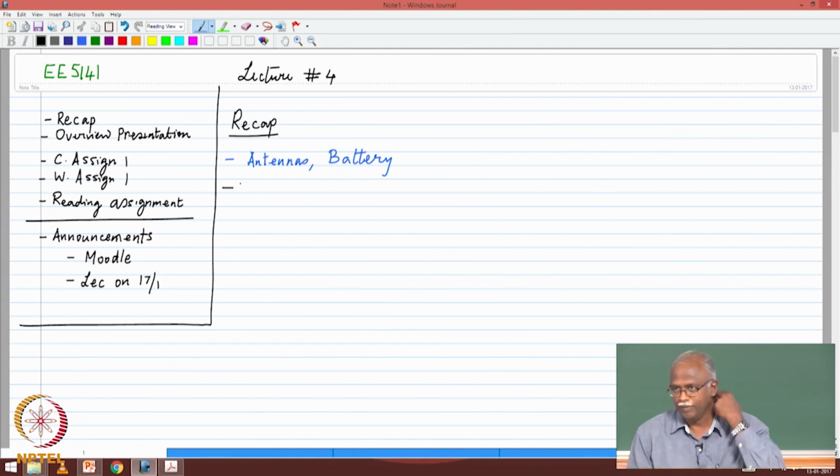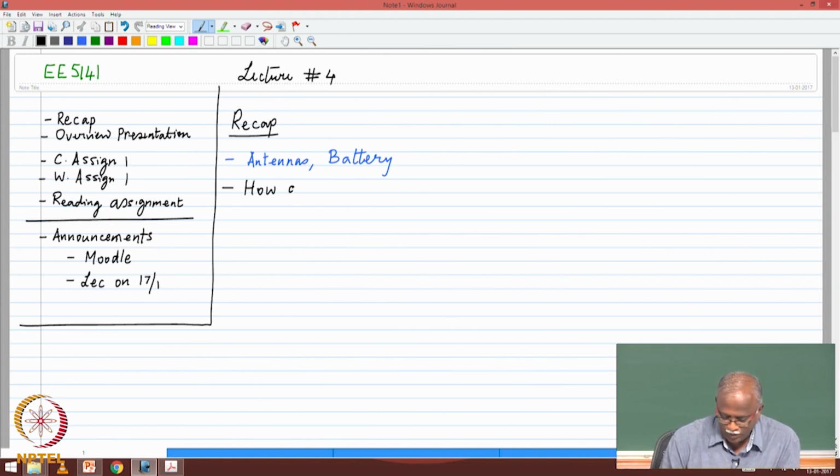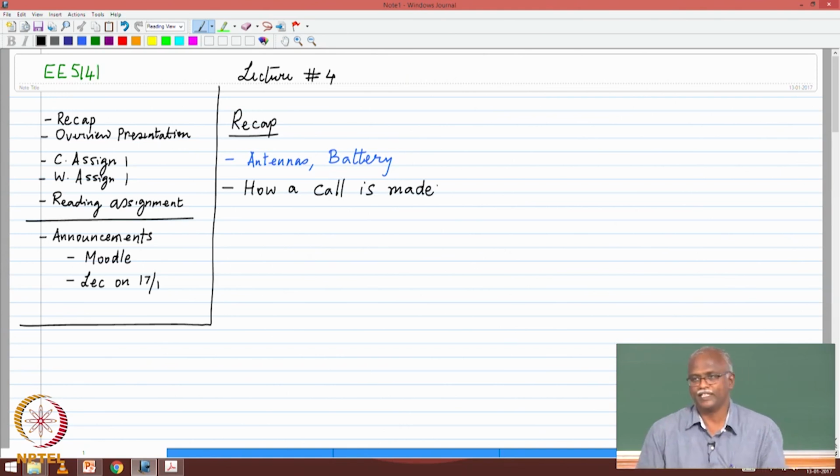Probably an interesting element that helps us understand the system was how a call is made to a mobile phone. I thought I would ask you a question connected to this, just to understand the whole process. We talked about a landline phone connecting to a cell phone.